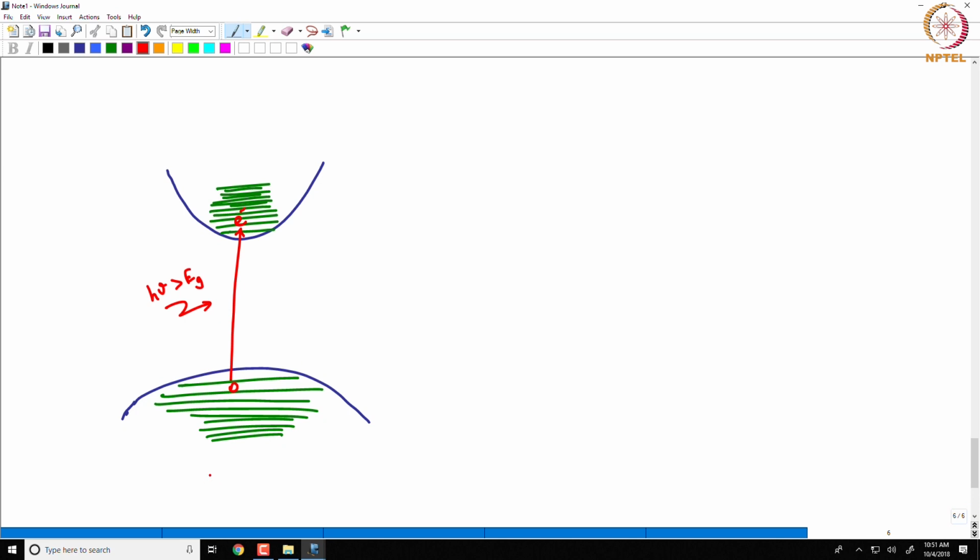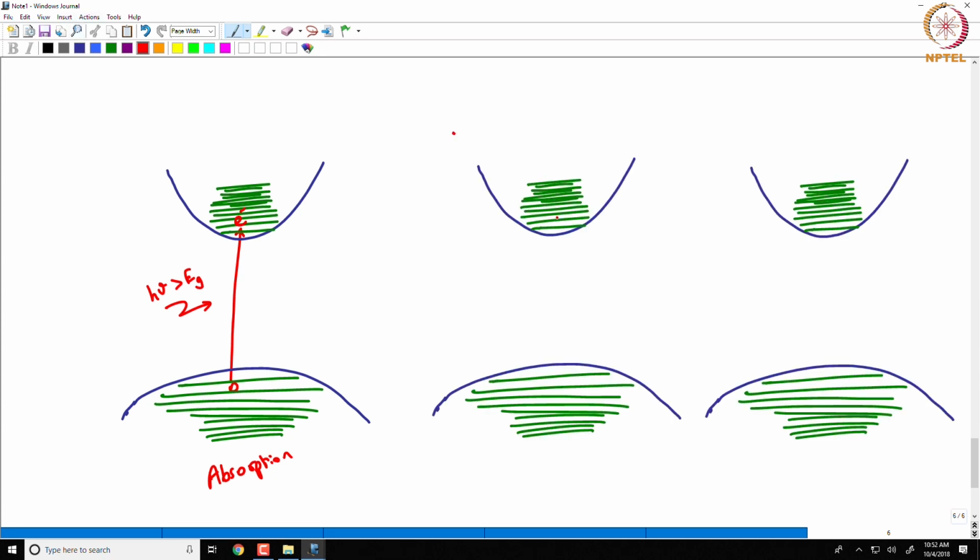So, this is actually the absorption process in a semiconductor, whereas now if you say you have an electron over here and a hole over here, it actually spends some time and then it can recombine with the hole, which can emit a photon. So, that is what we call spontaneous emission.